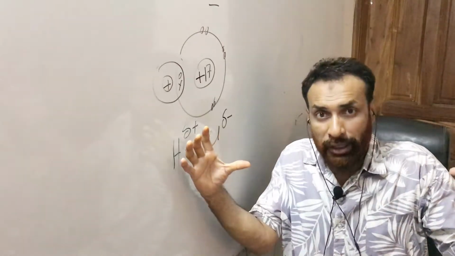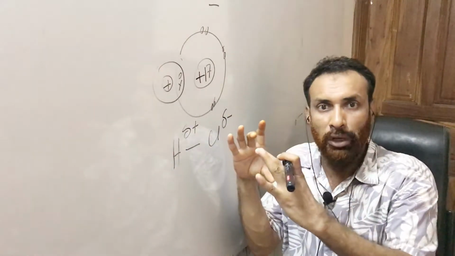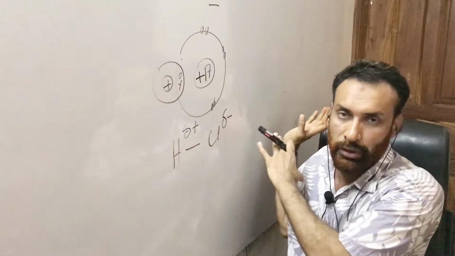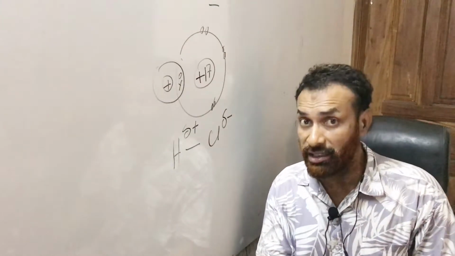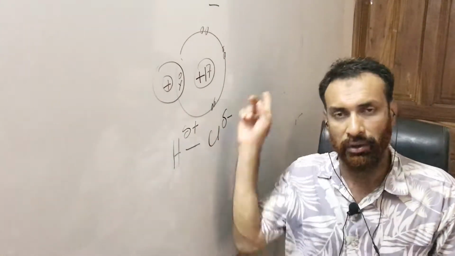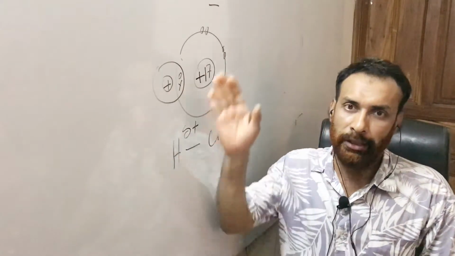So there will be greater contraction, and this is how their size decreases from left to right. So in a period, if you think which element would have the highest value of electronegativity, you will get the rightmost.